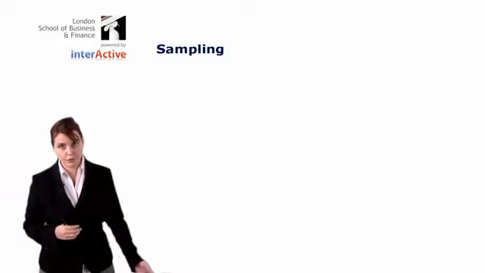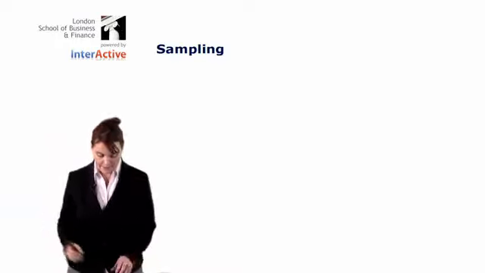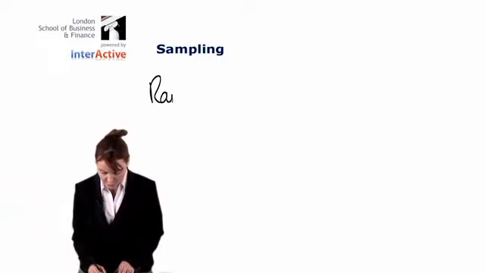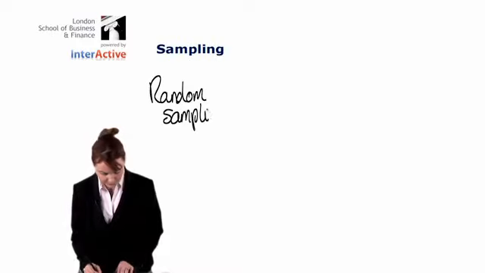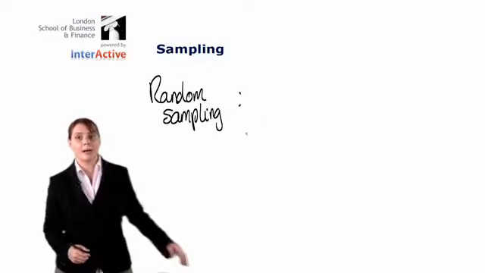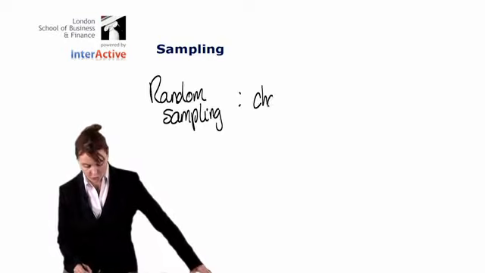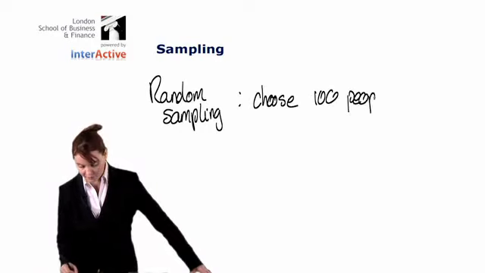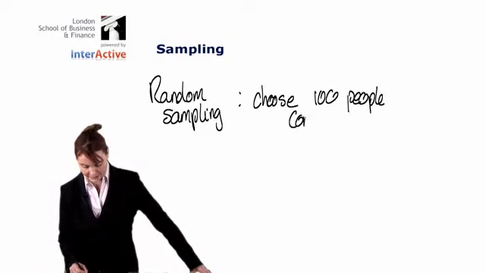Now, there are a few different approaches we can apply to sampling. First of all, we have random sampling. So, if we want perhaps a sample of 100 people, then we choose 100 people, or however many we want, completely at random.